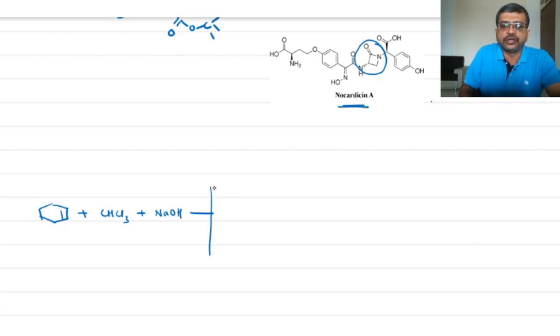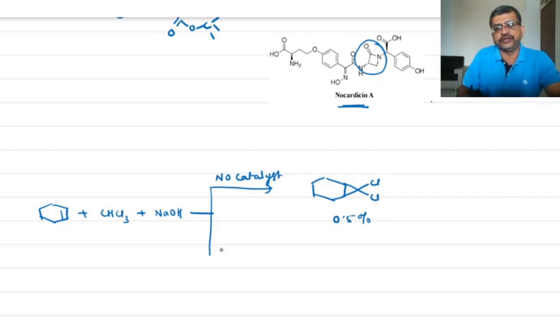If there is no catalyst being used, in absence of catalyst we get the product, but the product is obtained only in 0.5%, that is almost a negligible amount of product when we are not using any catalyst.